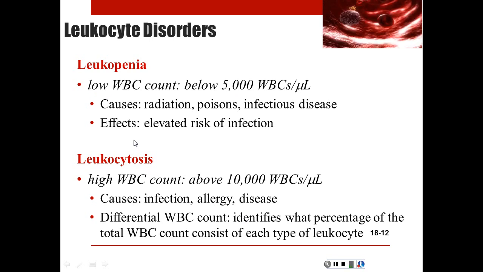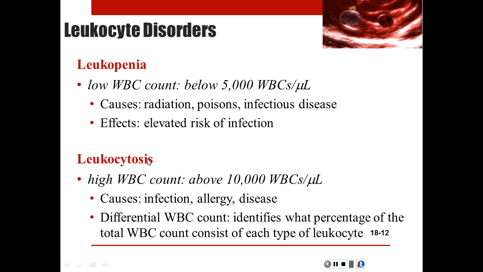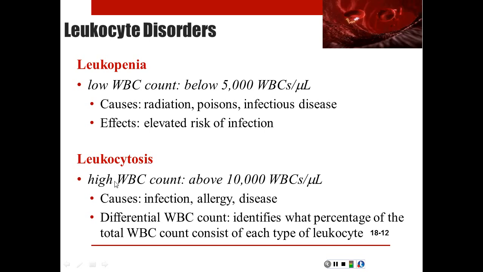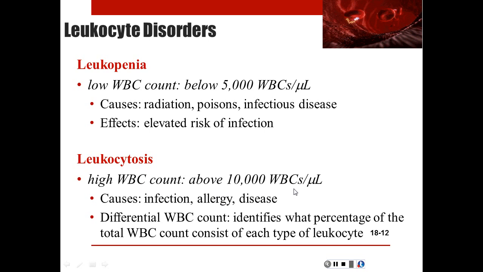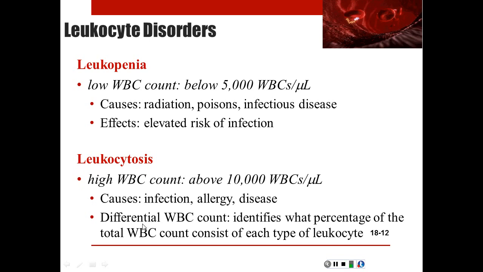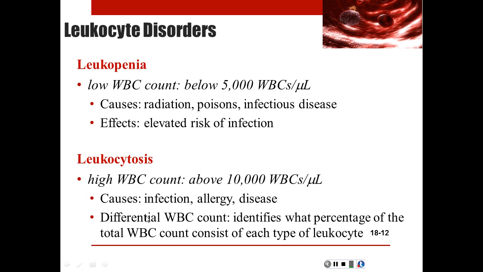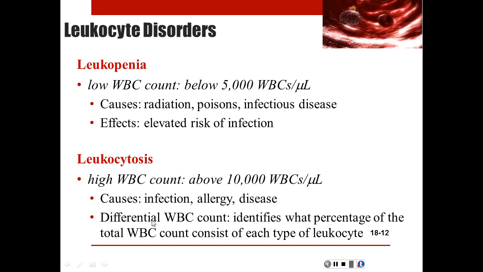It is seen in lead, arsenic, and mercury poisoning, radiation sickness, and certain infectious diseases, including AIDS. Now, if a person has a white blood cell count higher than 10,000 per microliter, it is considered leukocytosis. It is usually an indication of infection, allergy, or maybe other diseases.